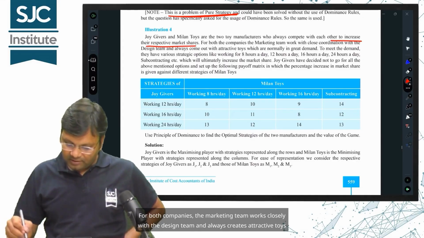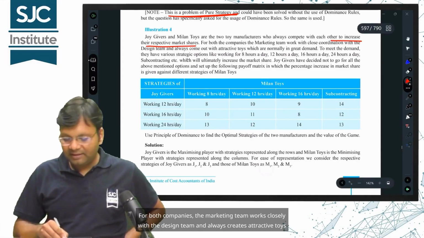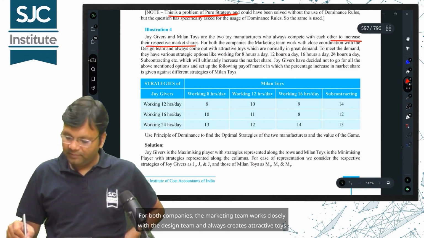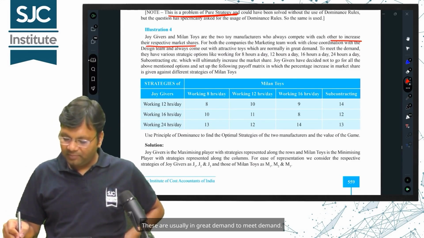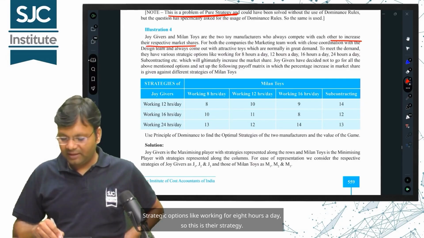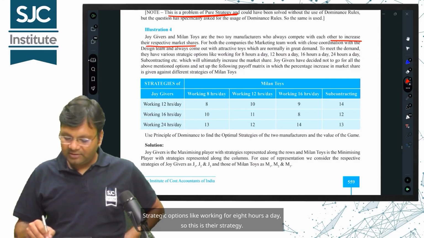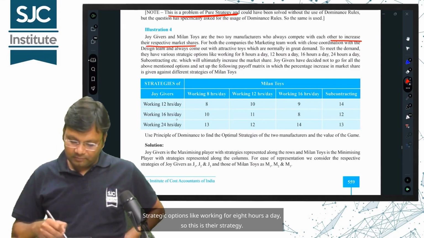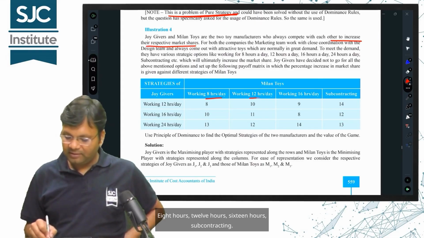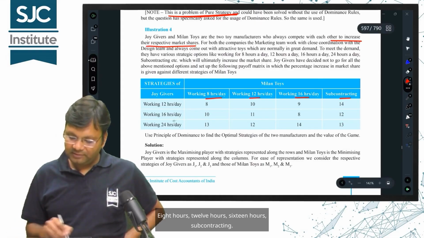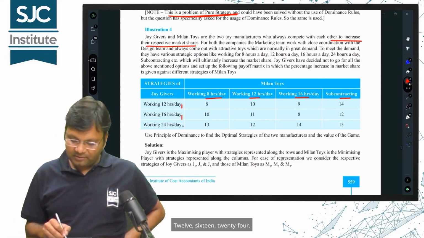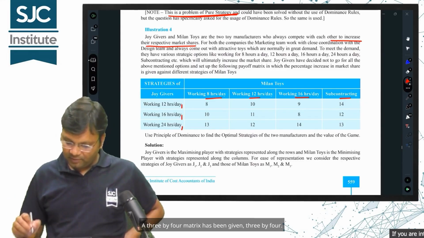For both companies, the marketing team works closely with the design team and always creates attractive toys. These are usually in great demand. To meet demand, strategic options like working for 8 hours a day, so this is their strategy. 8 hours, 12 hours, 16 hours, subcontracting. 12, 16, 24.